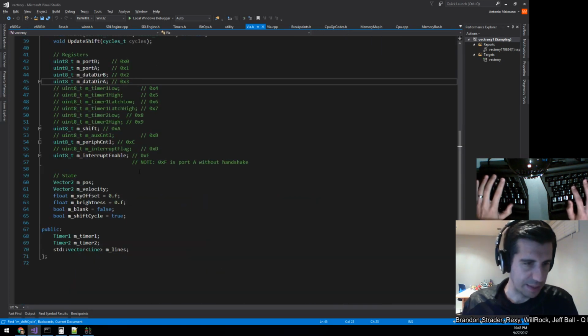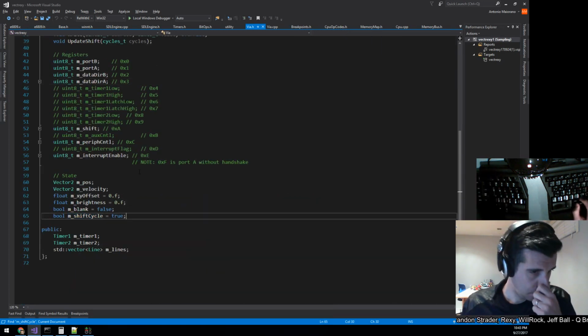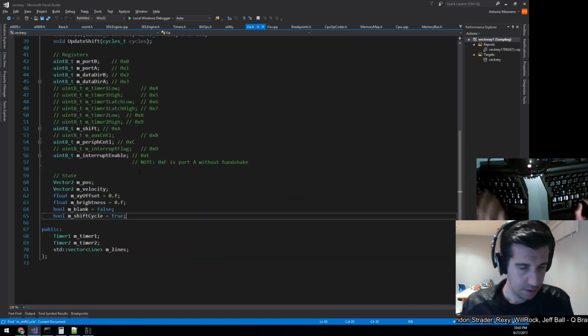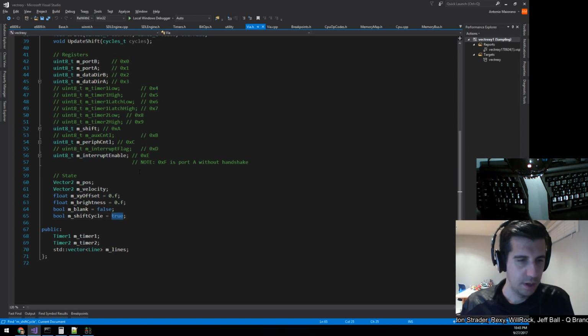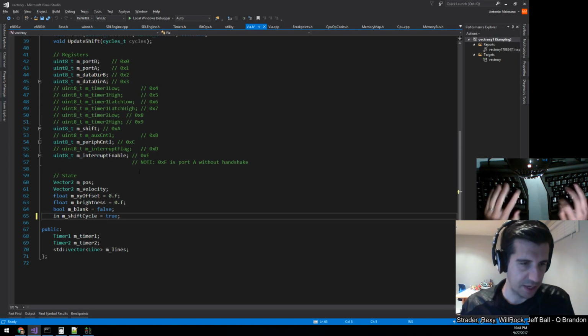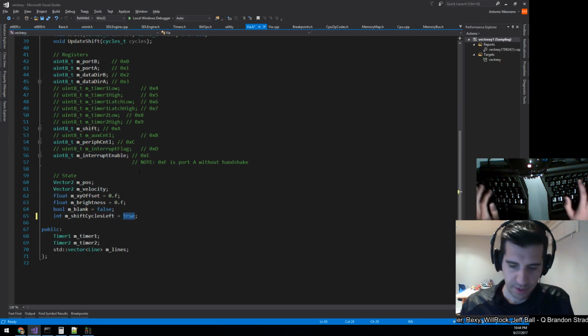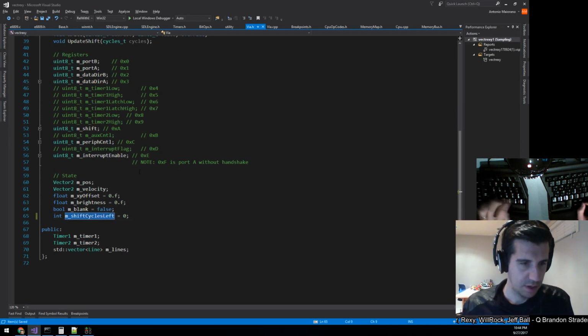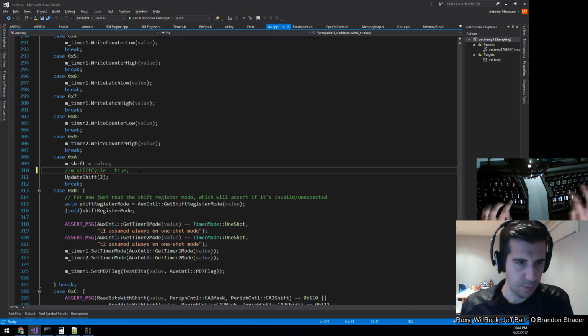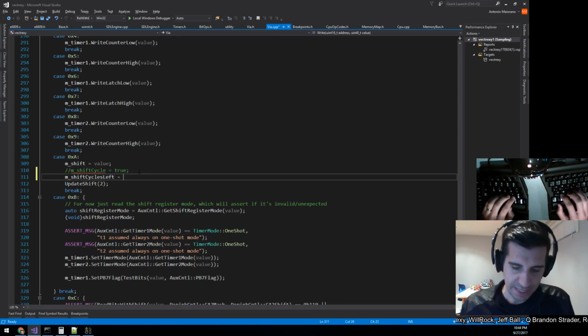Okay, I'm just gonna hack something in here. Instead of making this a bool, I'll make this an integer, and I'll say shift cycles left, right? So when we set a value, we'll set this equal to 18.